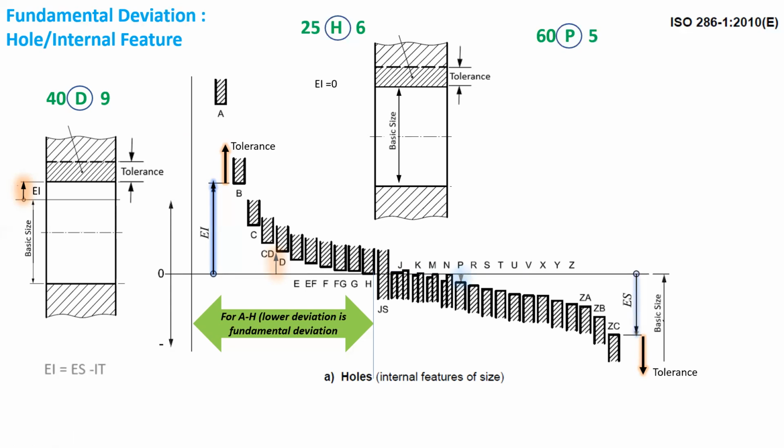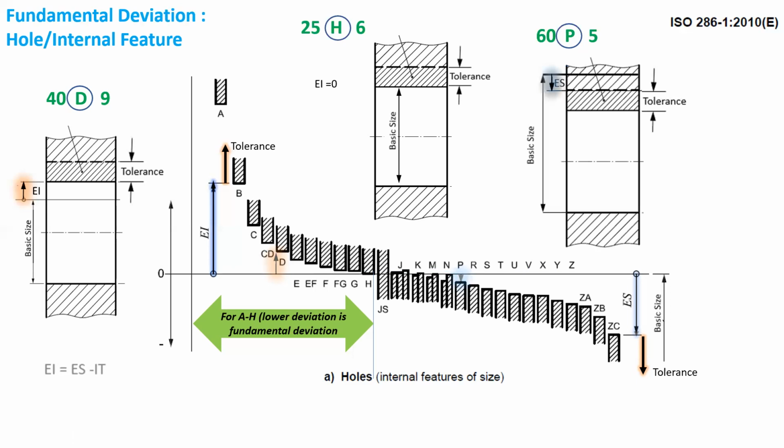In this case, P represents the fundamental deviation, which is negative, and it is the upper deviation, and the tolerance zone will extend downwards from the fundamental deviation. So the hole P will be represented by the figure shown. Here we can see that the upper deviation is negative and the tolerance zone is extending downwards from the upper deviation.